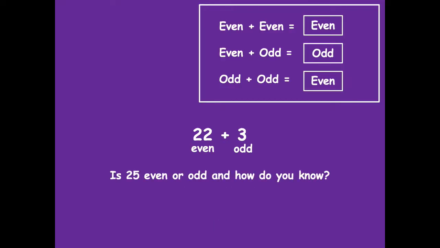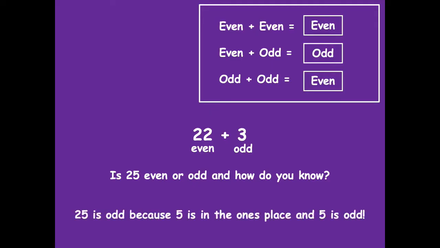Is 25 even or odd, and how do you know? Well, 25 is odd because 5 is in the ones place and 5 is odd. Or we can follow those new rules that we just learned. An even number plus an odd number equals an odd number. Huh, kind of cool, right?